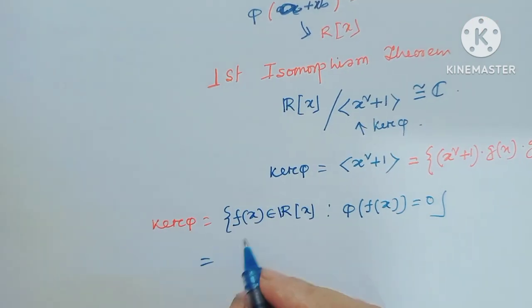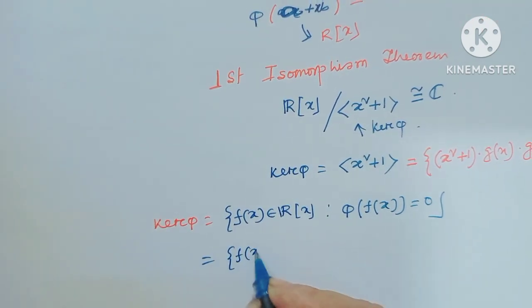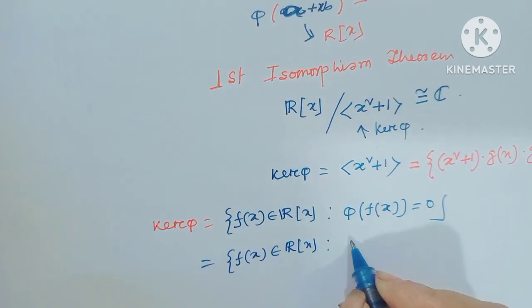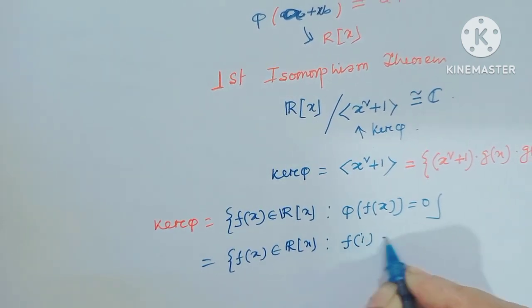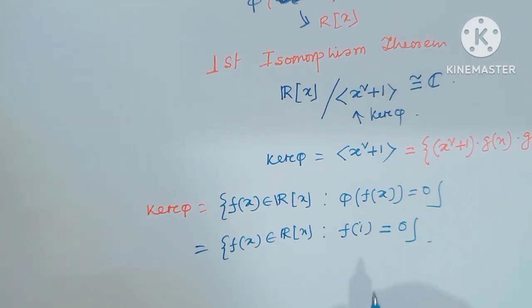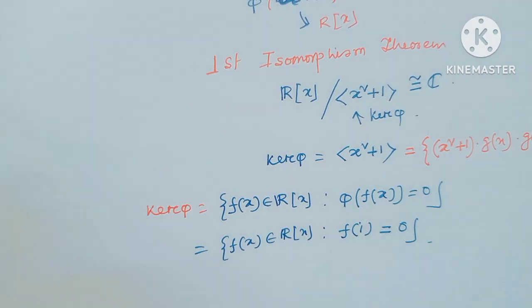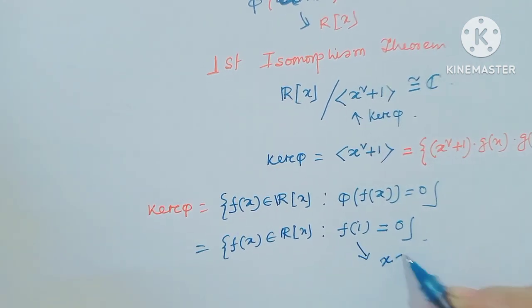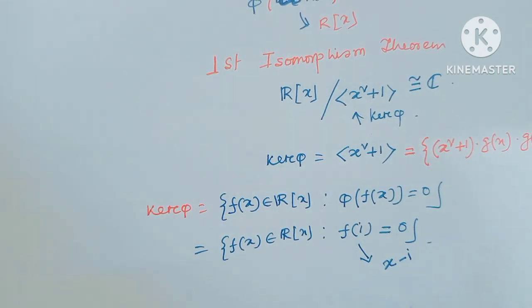And this is equal to those f(x) in R[x], phi of f(x) equal to 0 means f(i) equal to 0. And this is nothing but the function whose root is i. And if we consider this type of factor, obviously its root would be i.